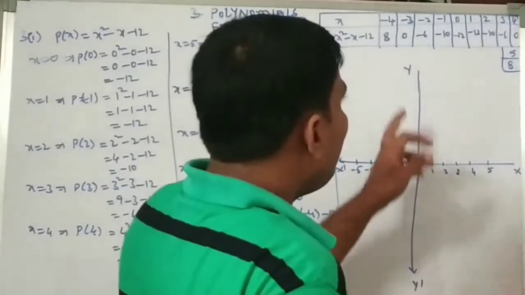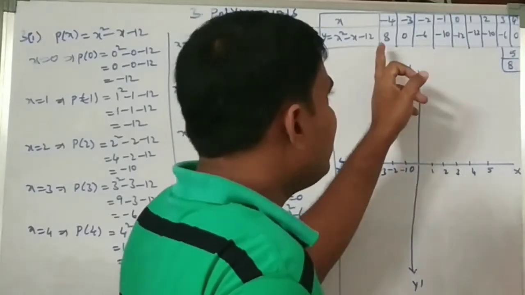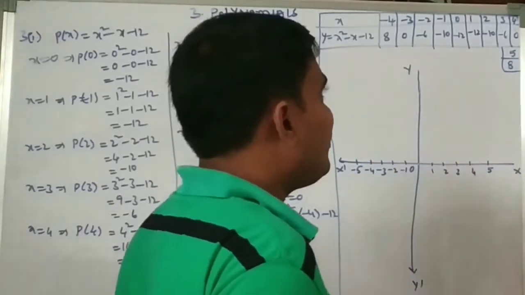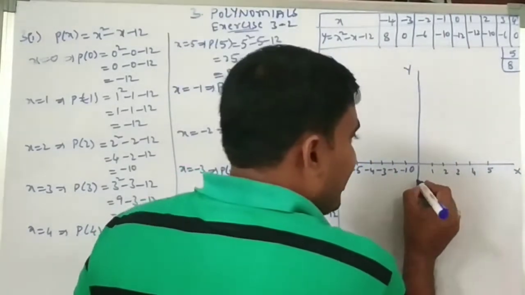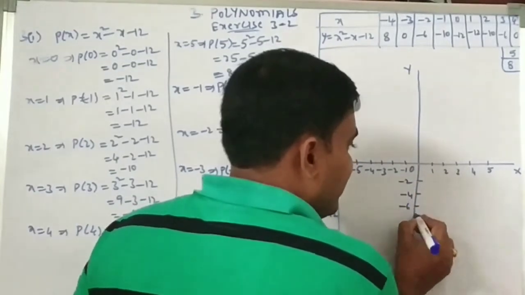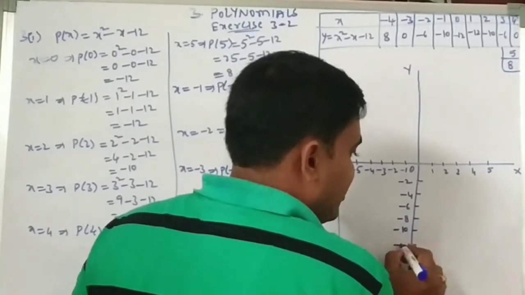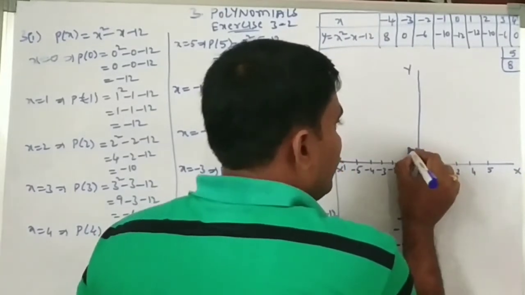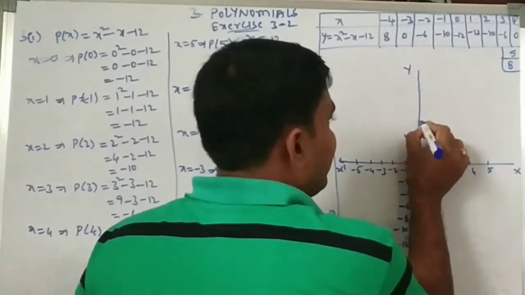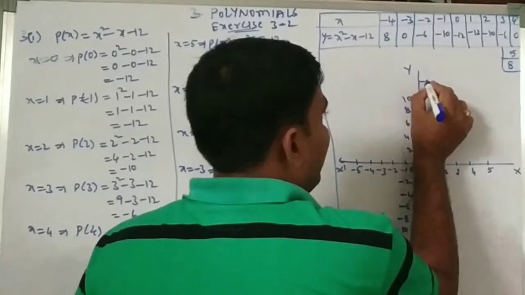The maximum is 8 and the minimum is minus 12, so I am taking minus 2, minus 4, minus 6, minus 8, minus 10, minus 12, and 2, 4, 6, 8, 10, 12.